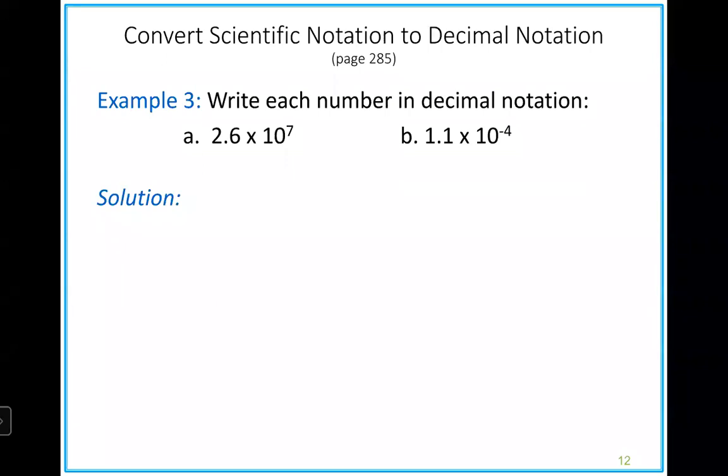So these numbers are in scientific notation. The first number is 2.6 times 10 to the 7. So this number is now in scientific notation. The first number is 2.6, which is greater than or equal to 1 but less than 10. And the second is 10 raised to some power.